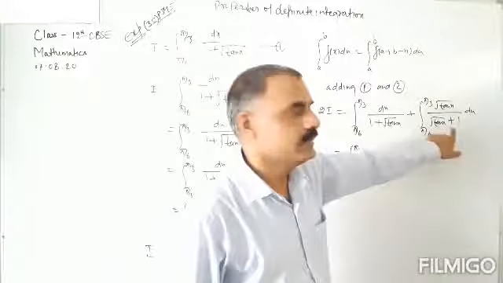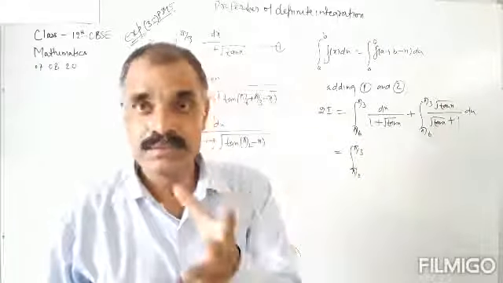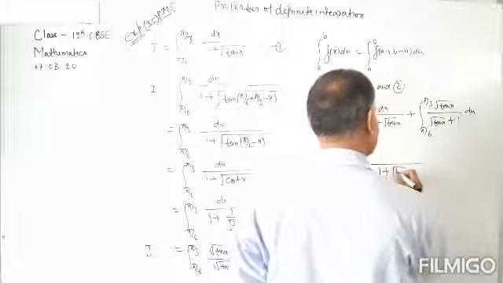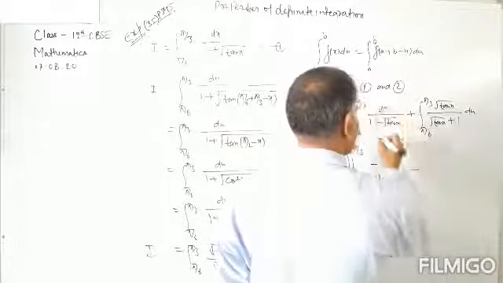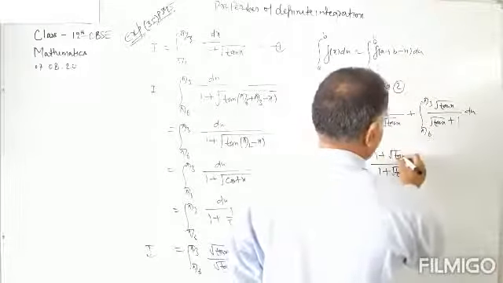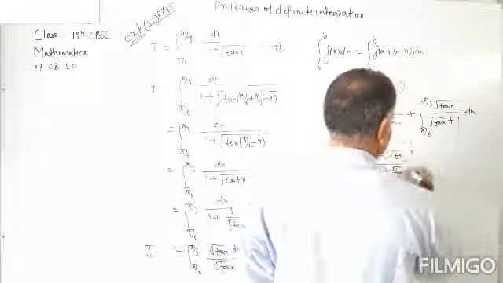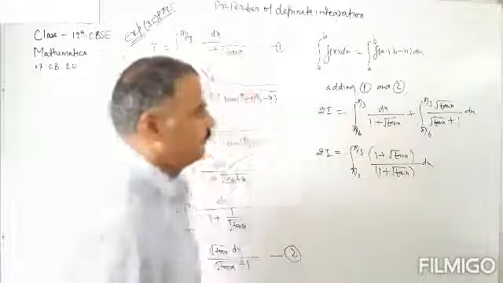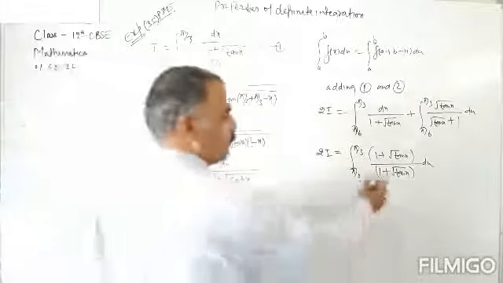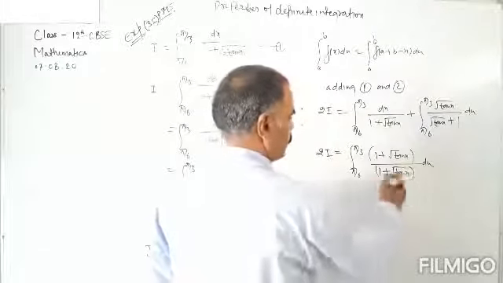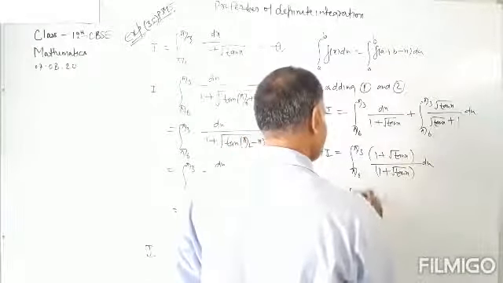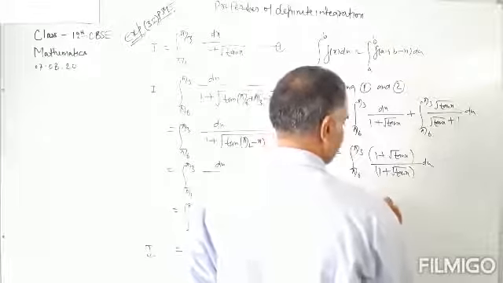The denominator is the same, so taking the common denominator 1 plus under root tan x, we have 1 plus under root tan x dx. Now numerator and denominator cancel each other. So 2I equals the integral from pi by 6 to pi by 3 of dx.